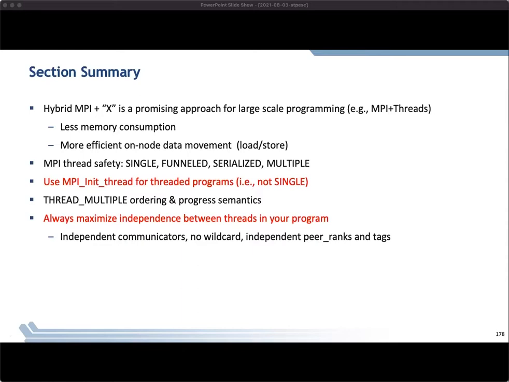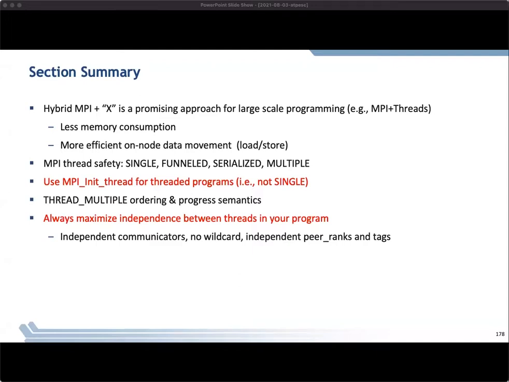And also, because we have these different thread safety levels, you can always start with a simple MPI thread funneled mode, where it's not too complicated in terms of communication, but you can try out the threads on your application and see if it actually benefits from it, and then decide whether you want to move further to a more complex thread multiple model. Yeah, I think that's my recommendation.